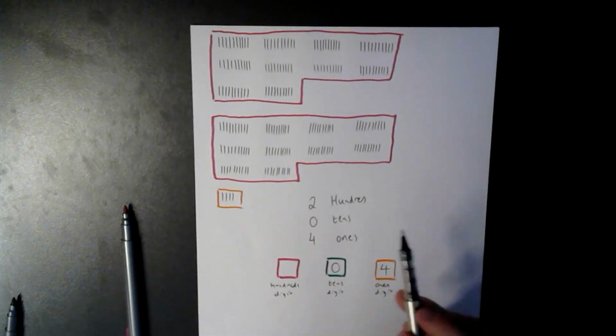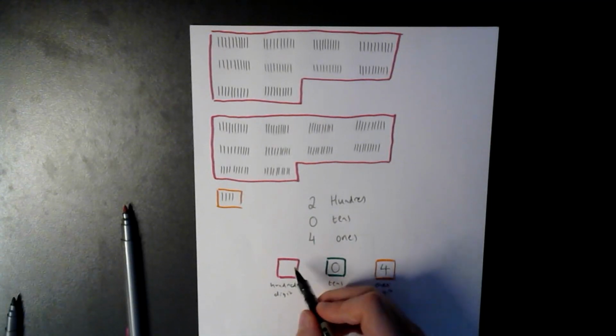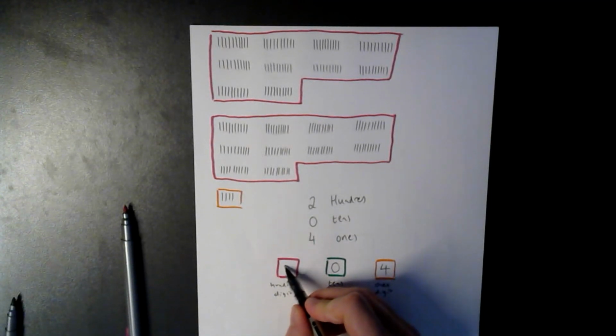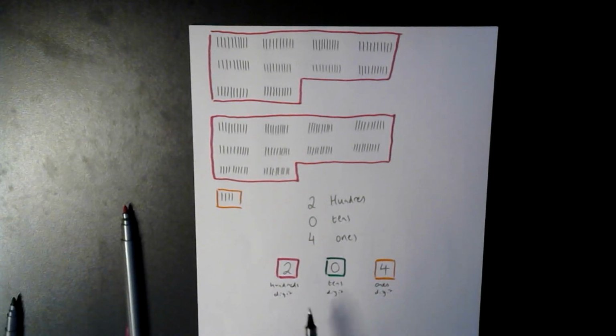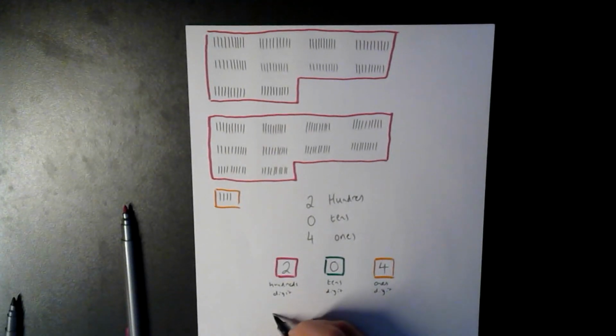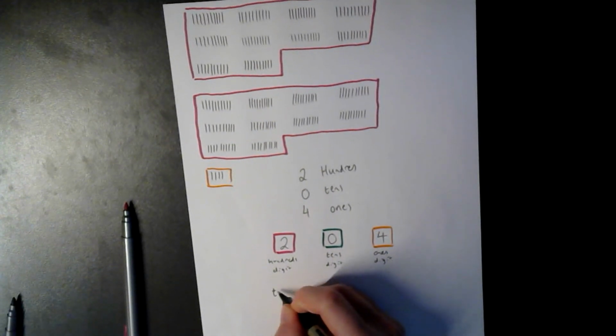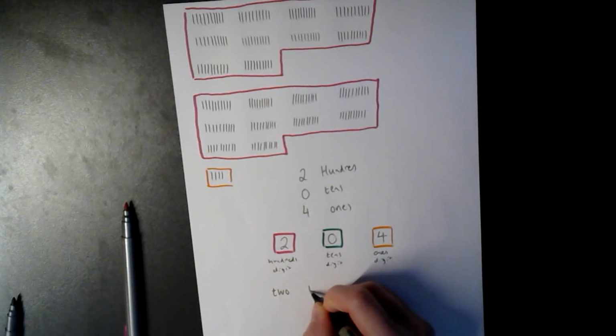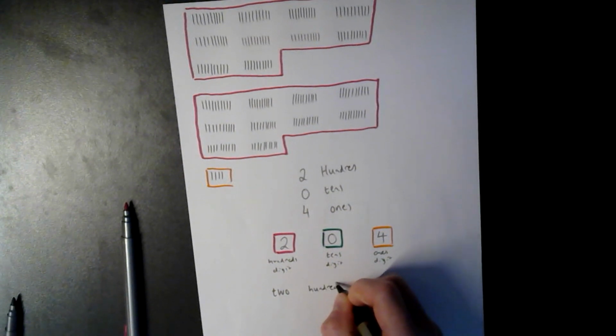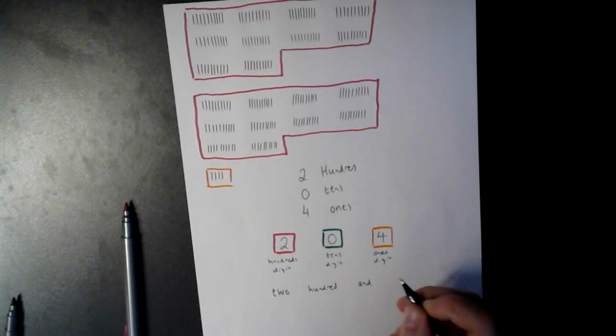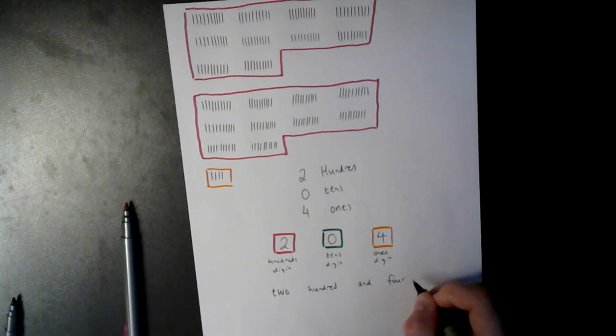And then 2 is the hundreds digit, so 2 goes on the left. So here we have the number 204. Writing that out, 204.